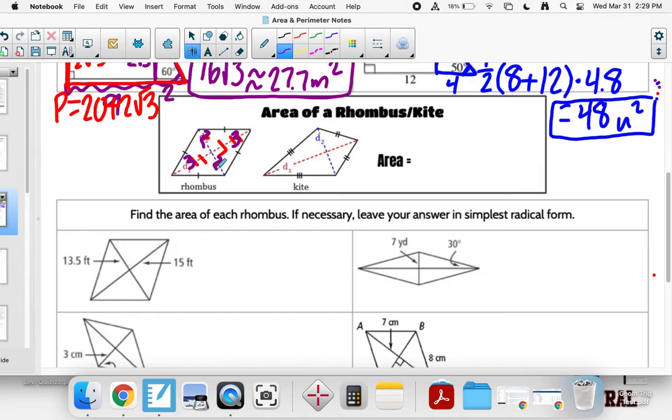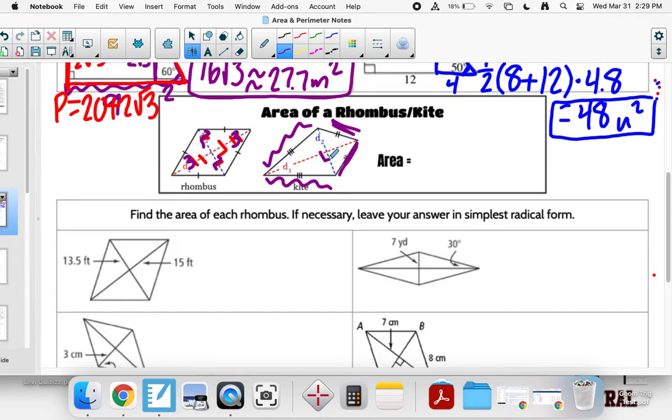A kite is where the two sides next to each other are the same. So these two sides are the same, and these two sides are the same. The diagonals aren't the same. These also have 90s in the middle.